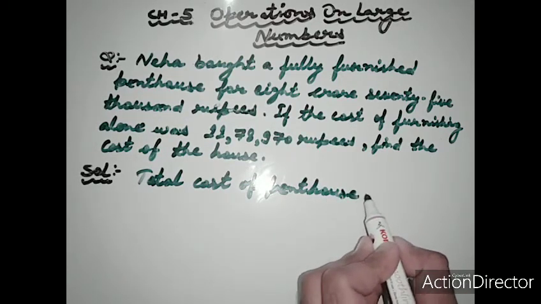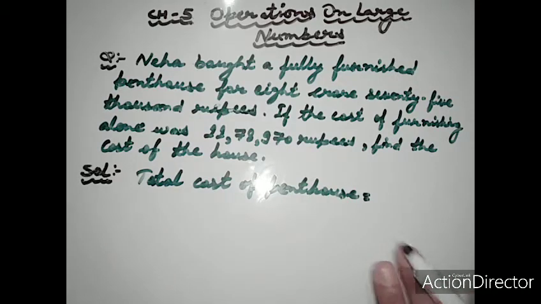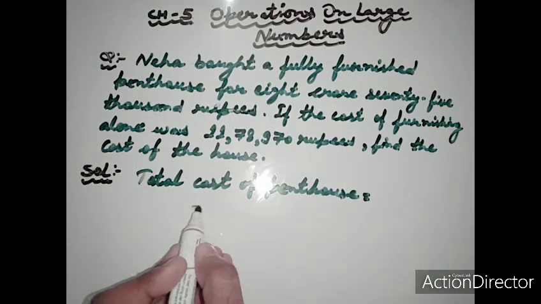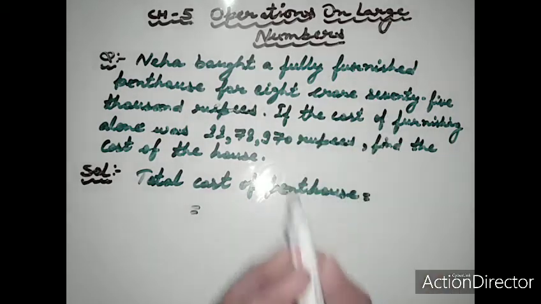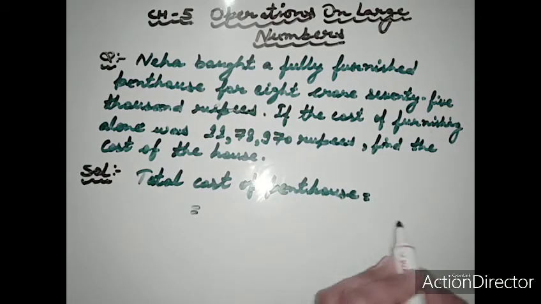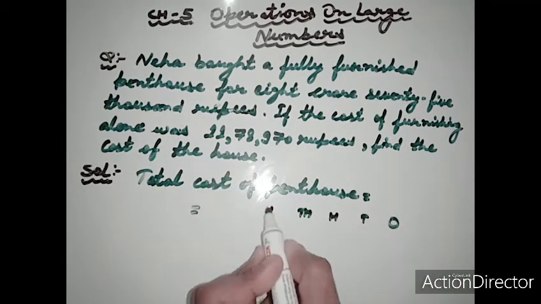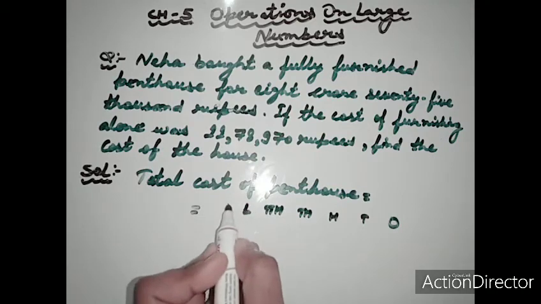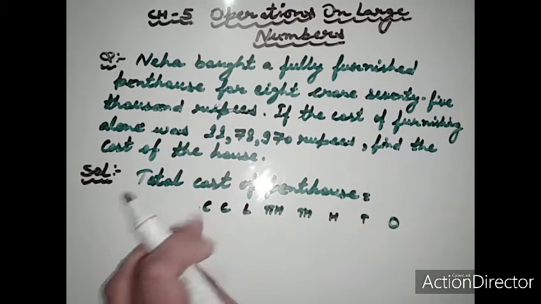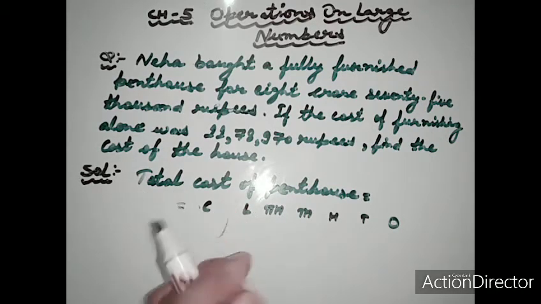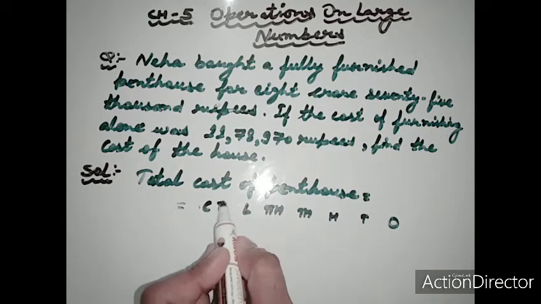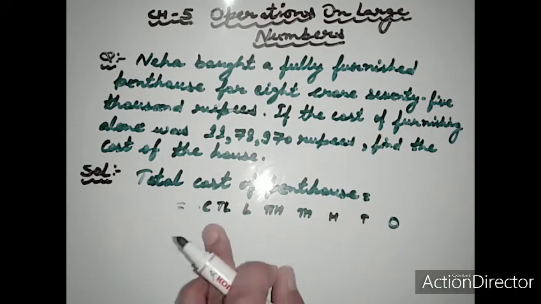penthouse is equal to, first we write the cost of this penthouse in numerals, right? So first we write the places here, ones to crore: ones, tens, hundred, thousand, 10,000, lakh, 10 lakh and crore, right?